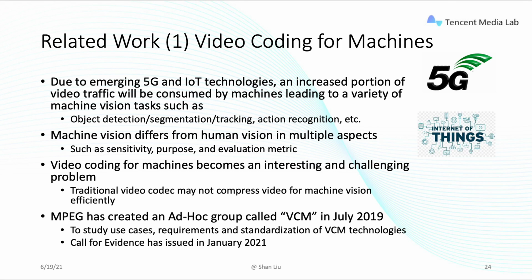Hence, how to compress video for machines or machine vision tasks has become a hot topic in both academia and industry. MPEG created an ad hoc group named VCM to study the requirements for potentially standardizing video coding for machines and related technologies in July 2019, and the CFE was issued earlier this year.